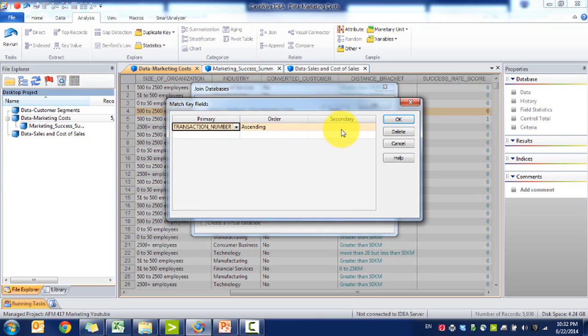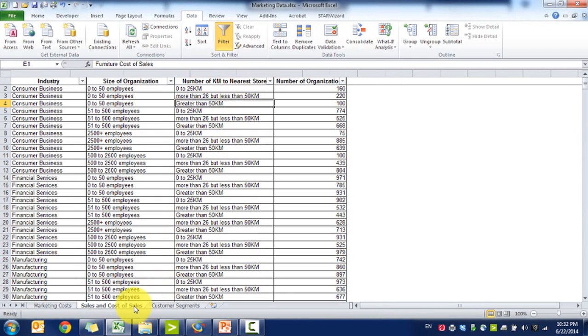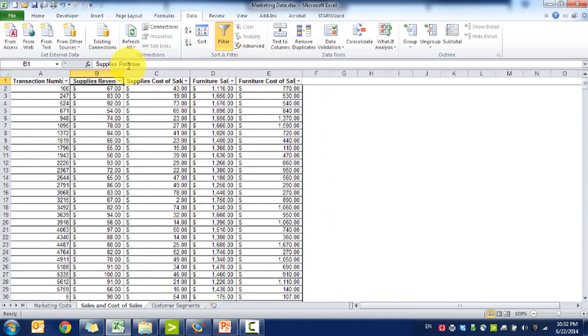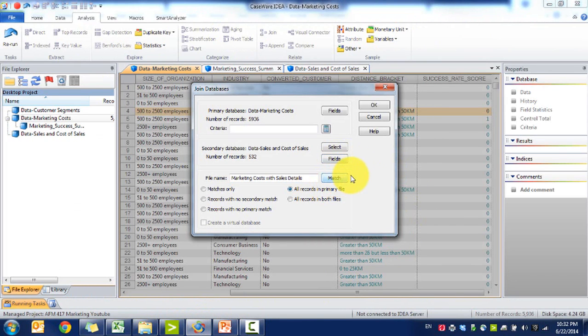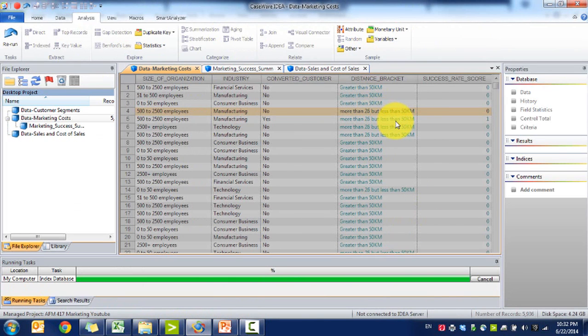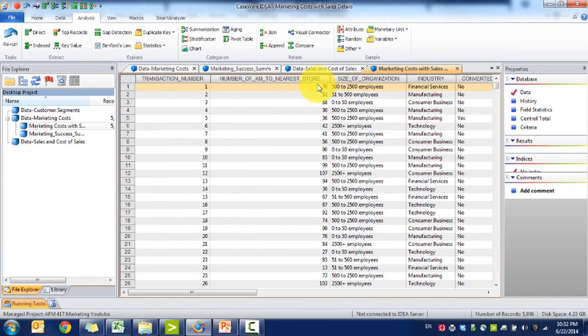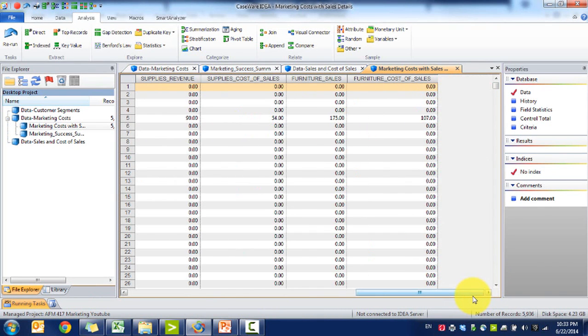Oh, I forgot to indicate the matching key, so in this case, transaction number. I'm actually going to change the name here to make it consistent. Sales. So it is going to look a little bit different, but not a problem.